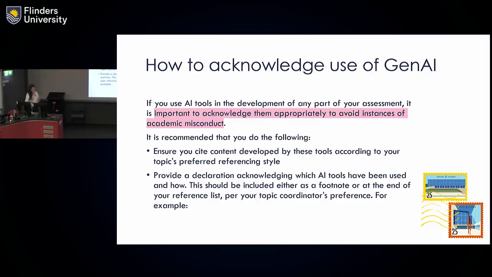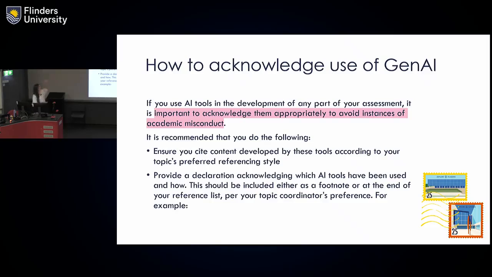The academic integrity policy was updated, I think, at the end of 2023 to be much more explicit about the use of AI. Misuse of AI tools can fall under plagiarism, contract cheating, and misrepresentation, depending on how they're used. So if you use an AI tool and copy and paste a paragraph of that into your assignment, that can be considered plagiarism if you're using it beyond the ways described by your topic coordinator.